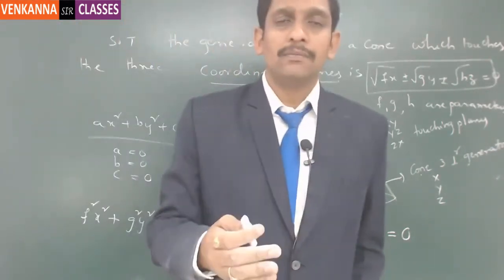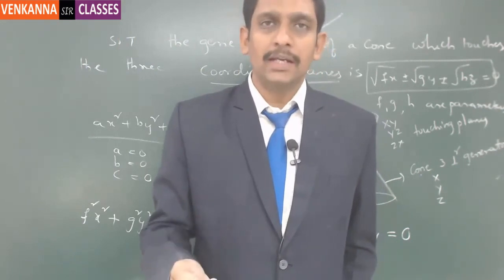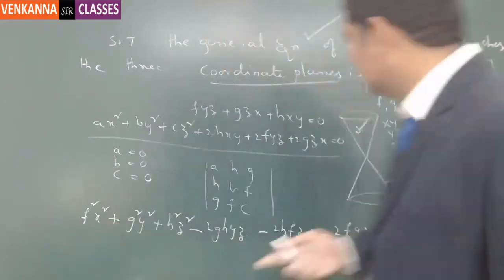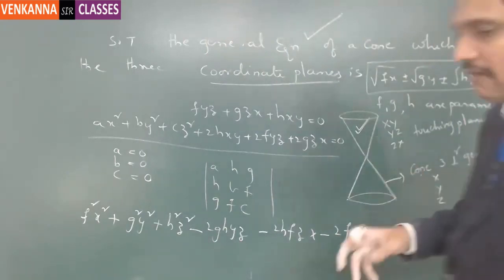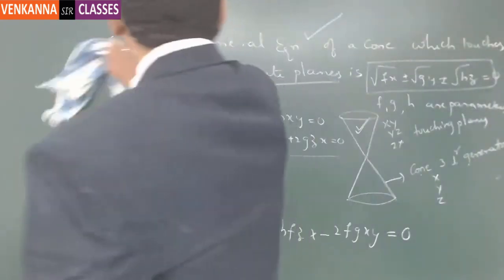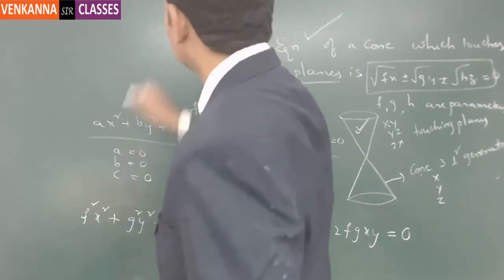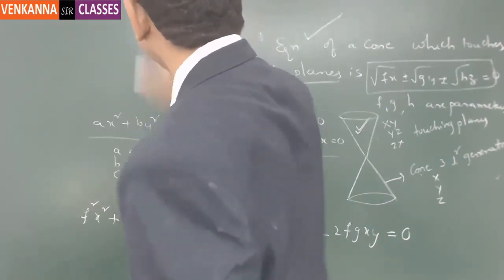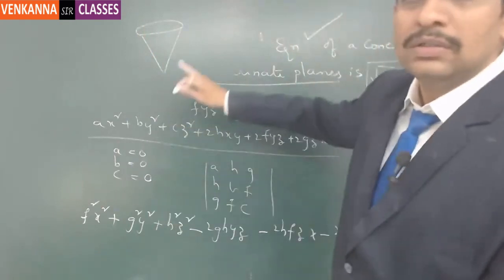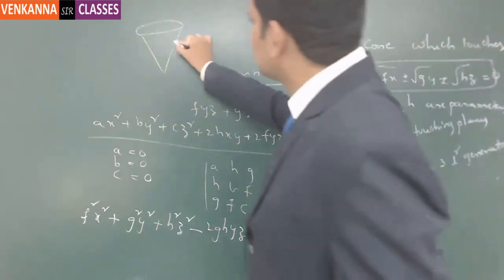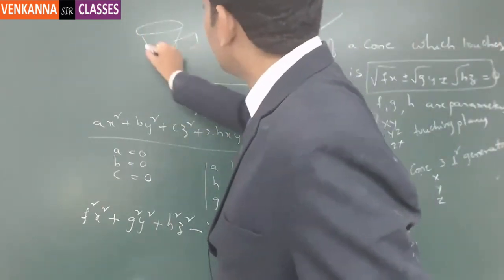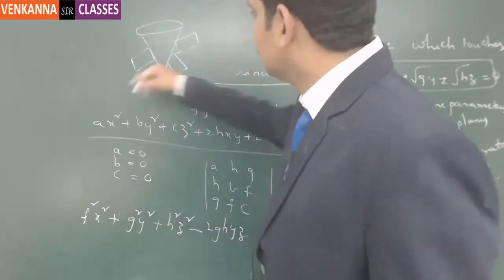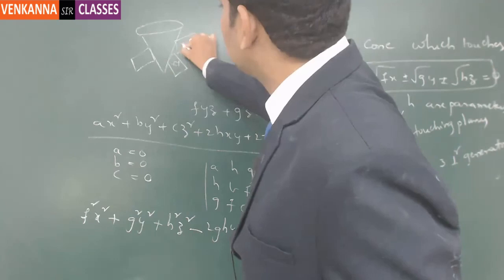Apart from straight away finding a cone equation which is touching the three planes, I will draw the picture for your idea. Let me say this is my cone equation. So the three coordinate planes xy, yz and zx are touching this.